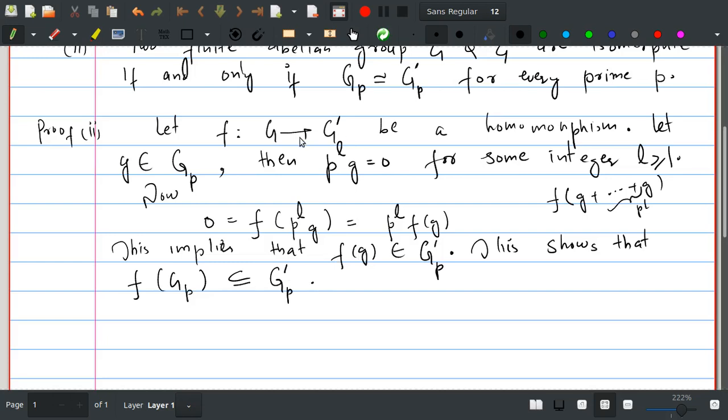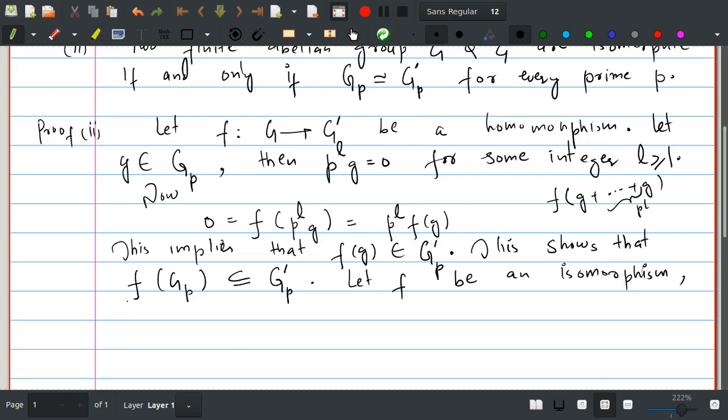Now it is given that G and G prime are isomorphic, and let f be such an isomorphism. That means f is bijective as well. If it is so, then its inverse is an isomorphism as well.